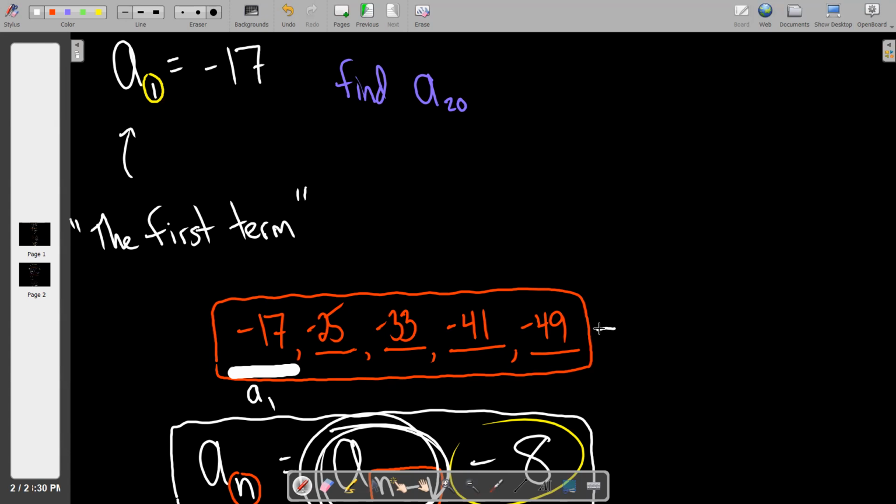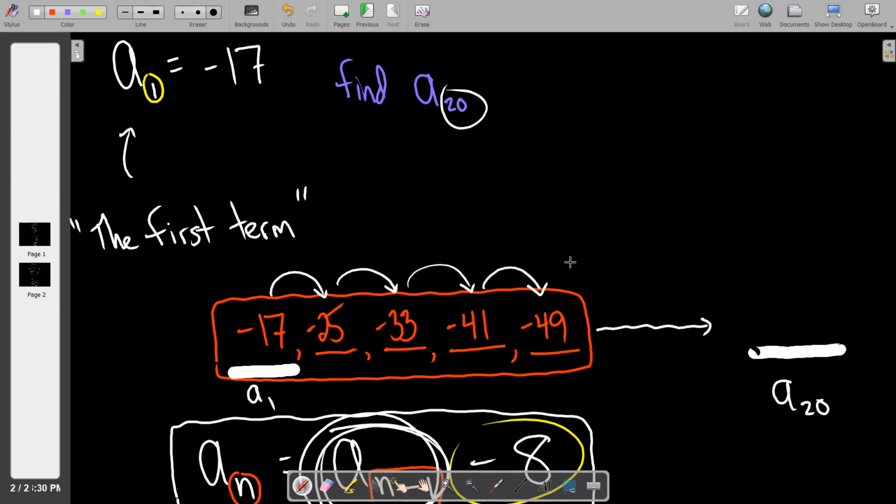What we want is to go all the way out to the 20th platform. So my question to you is, if we want to go to the 20th platform, it's like a video game. There's one hop, there's two, there's three, there's four. How many little hops do I have to make to get to the 20th platform?